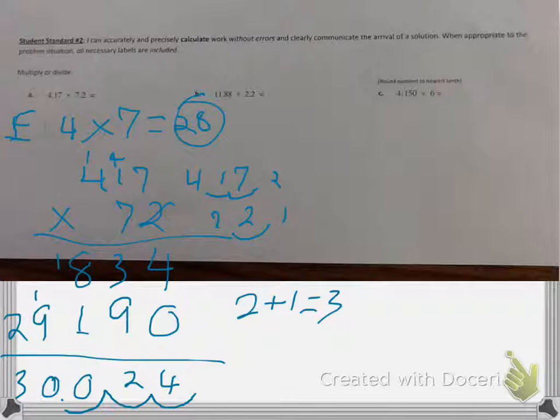So 30 and 24/100. Alright, letter B, the division problem. Again, first I need to estimate. So I'm going to estimate that to be 12 divided by 2, which equals 6. So my quotient should be somewhere near 6. Now, the first thing I want to do is get my divisor to be a whole number.